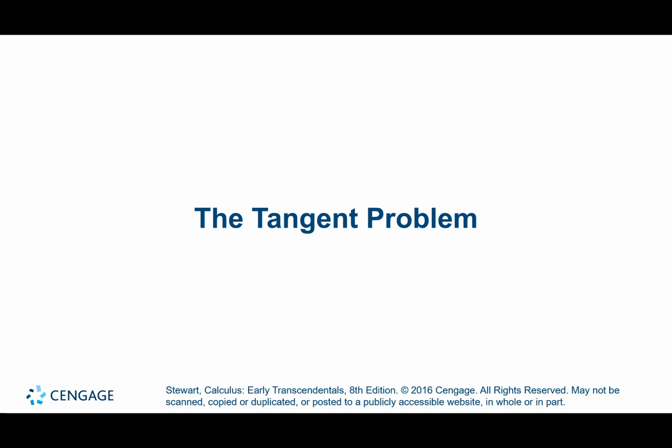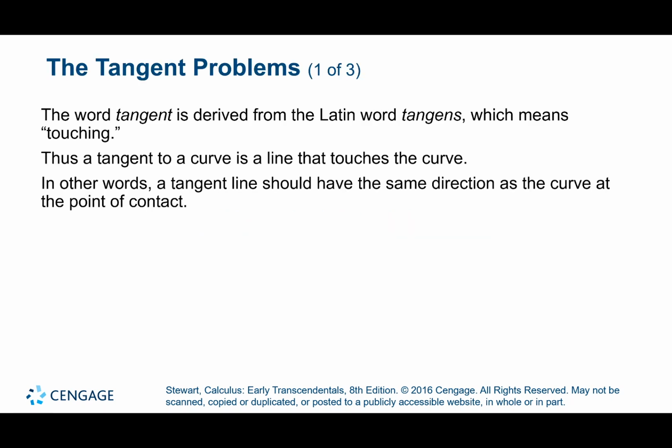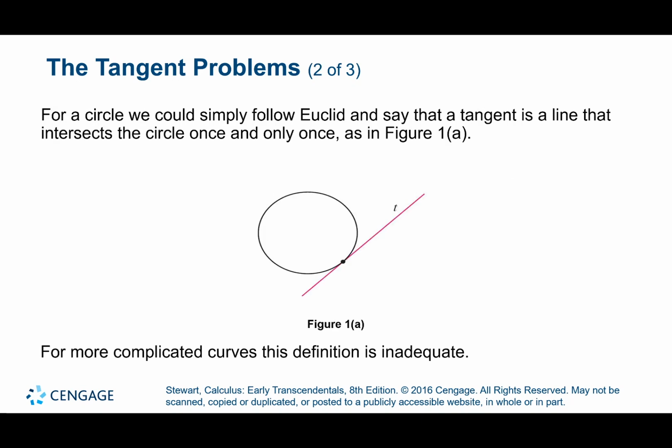So here's our situation. Let's get some definitions. When we talk about a tangent line, the term tangent comes from the Latin word meaning touching. So we have some line that touches a curve in the plane. Here's a picture maybe.